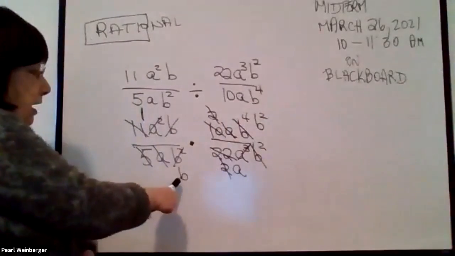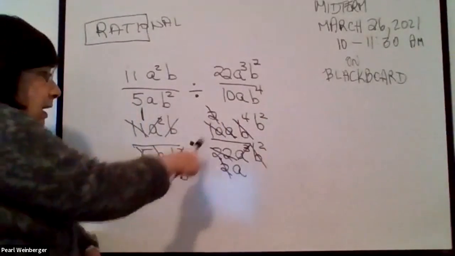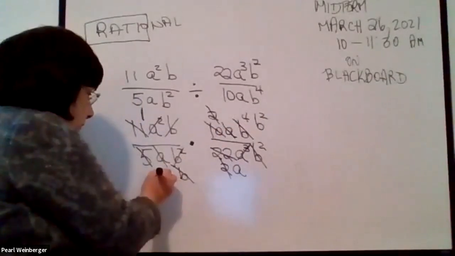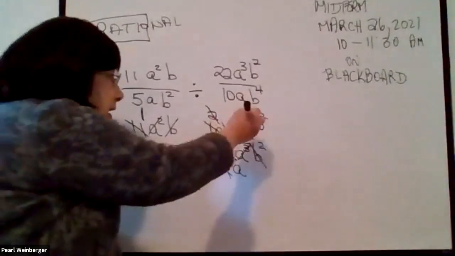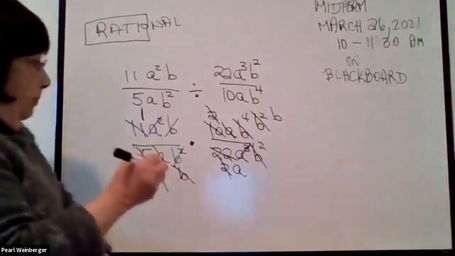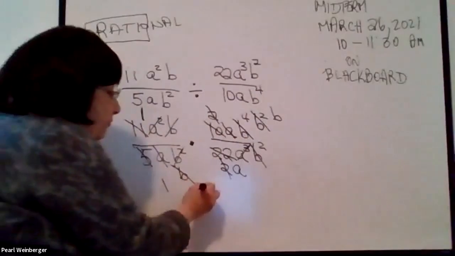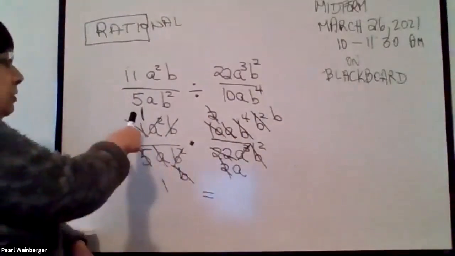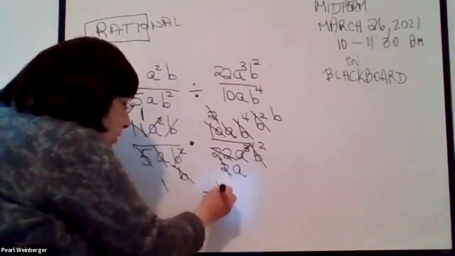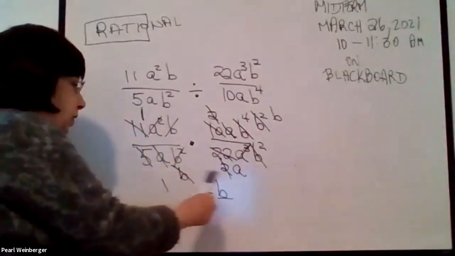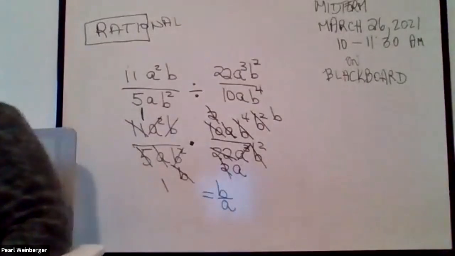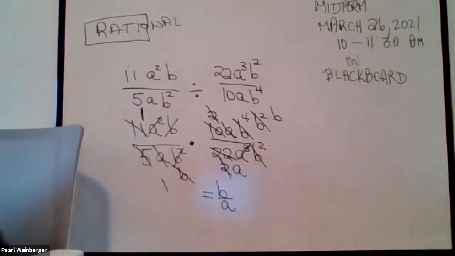But now I have a B here and a B squared here. I can cancel out this B, leaving this to be 1. And 2 minus 1 is 1, so this is just a plain B. So in my final answer, I have 1 times B, everything else canceled out in the numerator, over 1 times A. So my final answer became B over A.